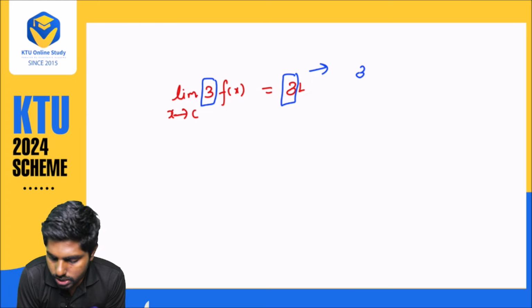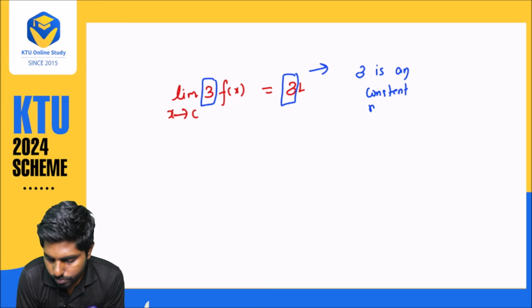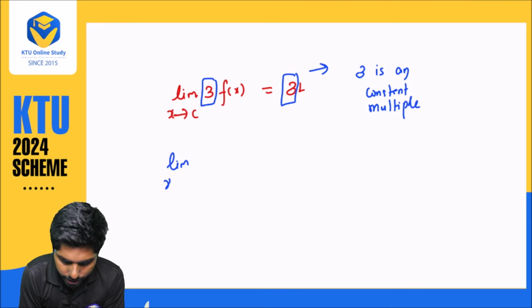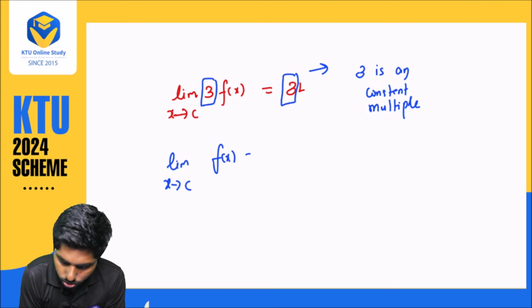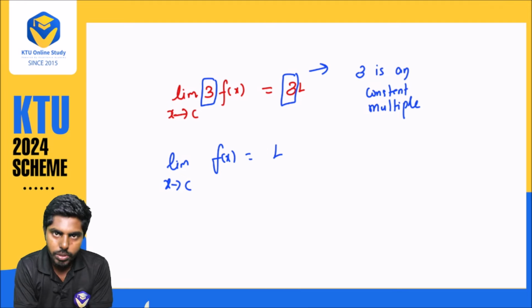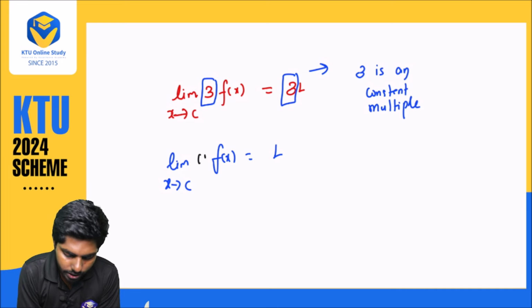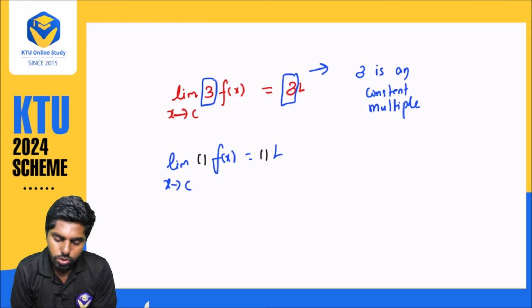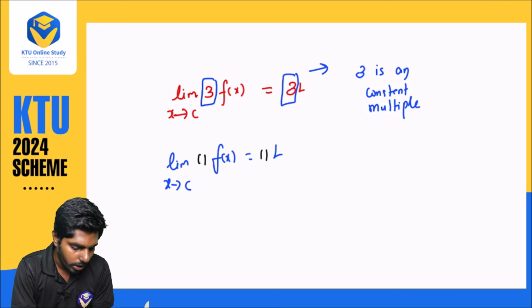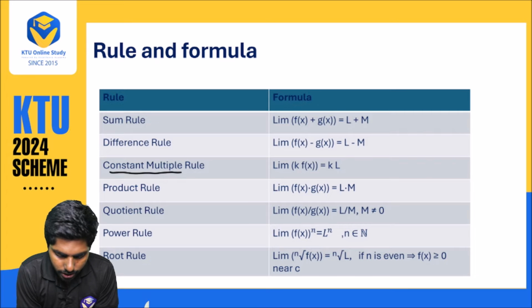For another example, when x approaches c and f of x is L, if it is multiplied by any constant, say 11, then L is multiplied by 11. This is the way to write the constant multiplication rule.